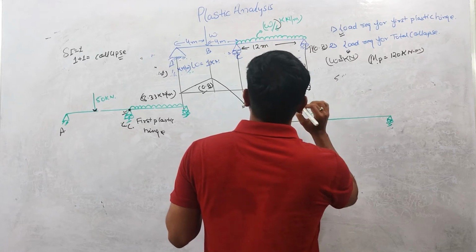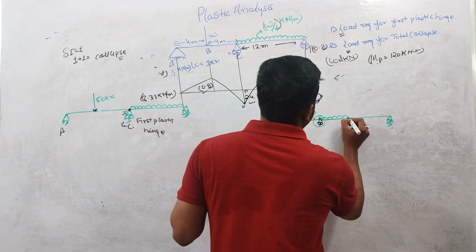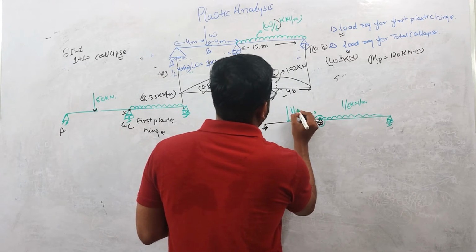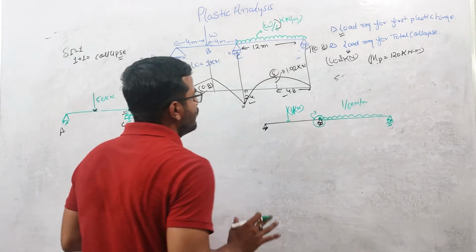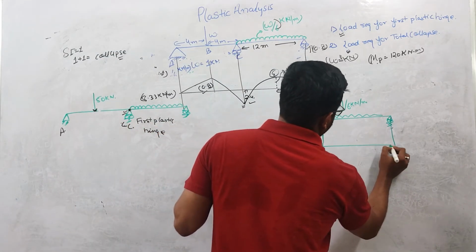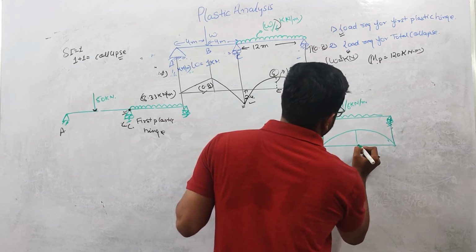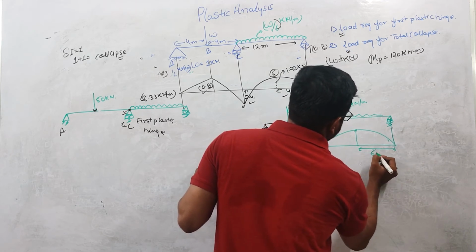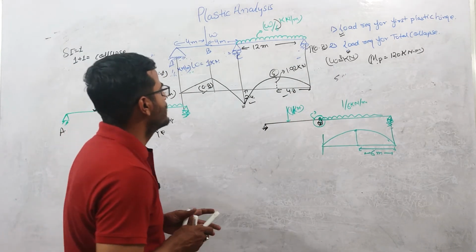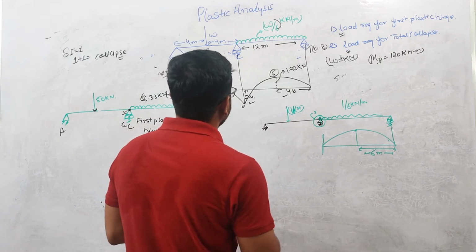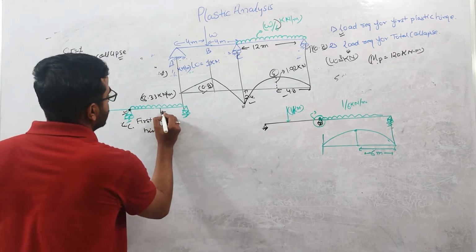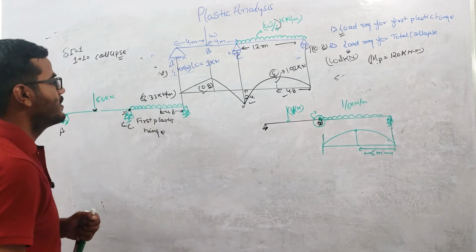So when you are applying a UDL, let us suppose again 1/6 kilonewton per meter, and here a 1 kilonewton load is acting. After the formation of the first plastic hinge, the bending moment will be maximum at the center, which is at a distance of 6 meter. Before the formation of the first plastic hinge, the bending moment is coming maximum at this point, at a distance of 4.8.